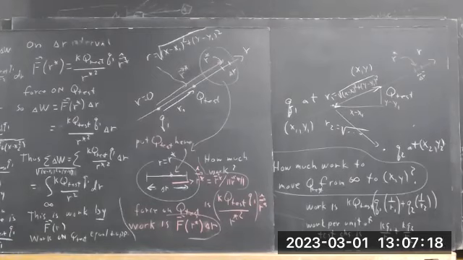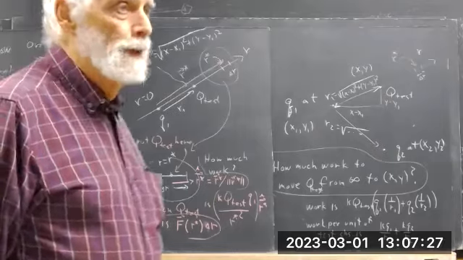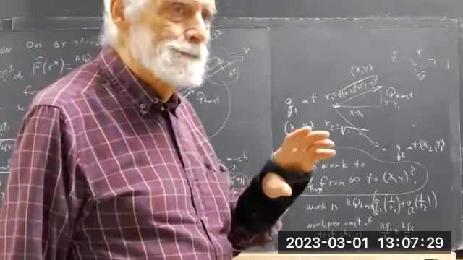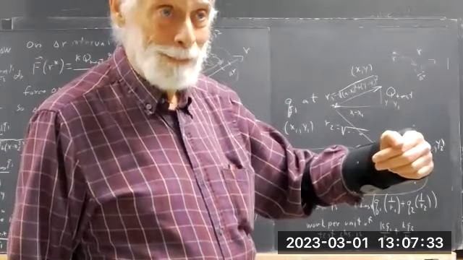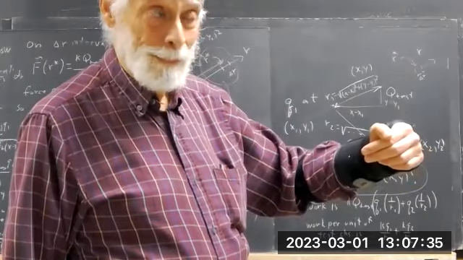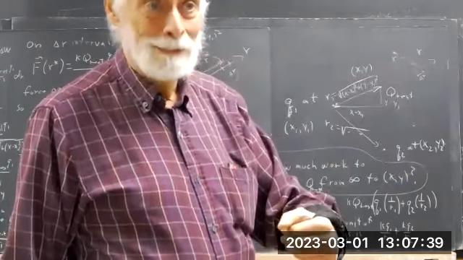Work by the field is equal and opposite to the work done on the charge. This field does 100 joules of work on the charge as it approaches. That means I've got to push the charge.